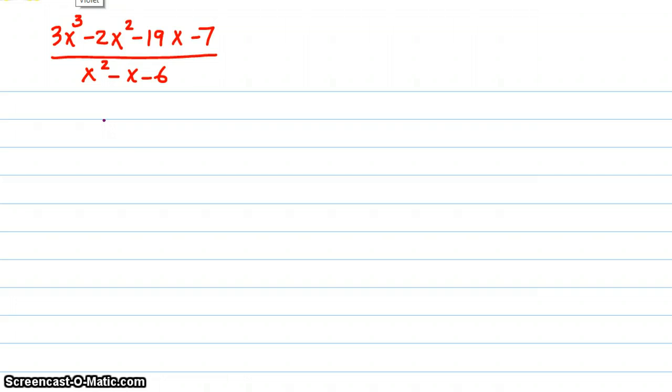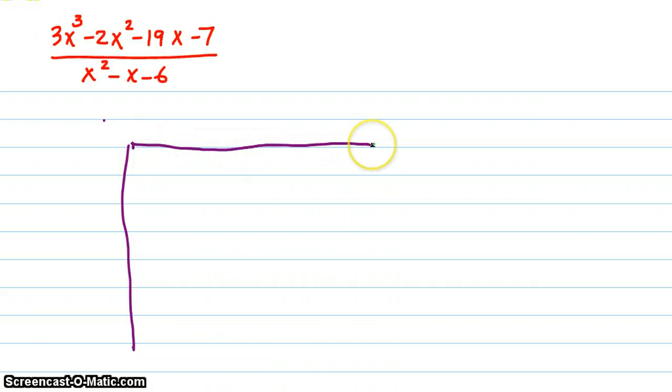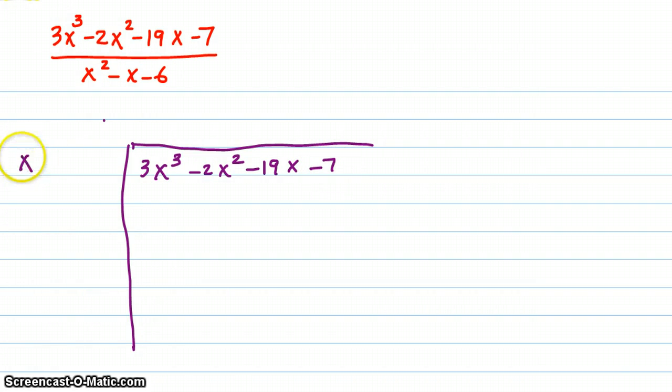I'm going to write a little schematic here. For long division, I'll write the top polynomial here, 3x cubed minus 2x squared minus 19x minus 7. The bottom polynomial appears here, x squared minus x minus 6.